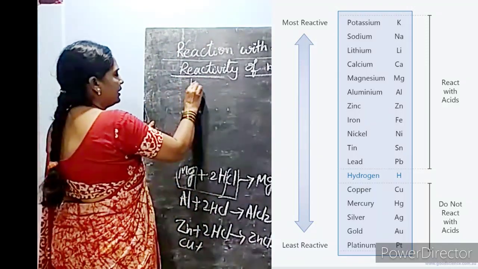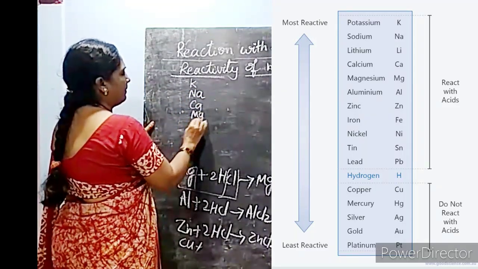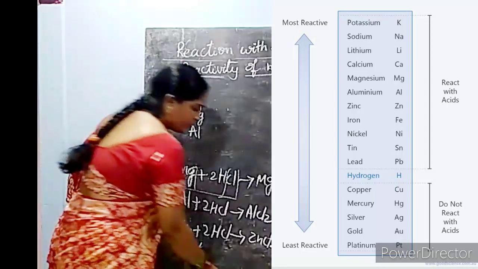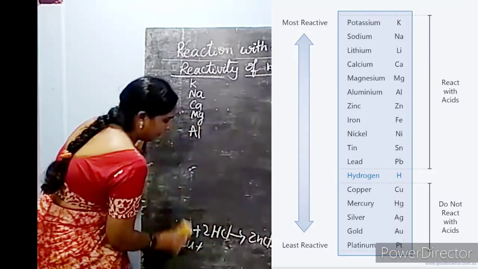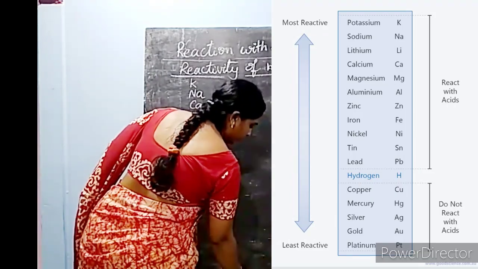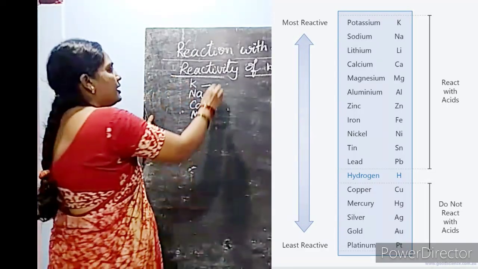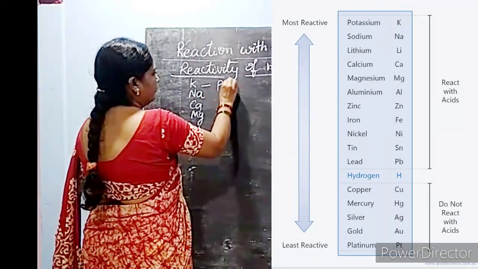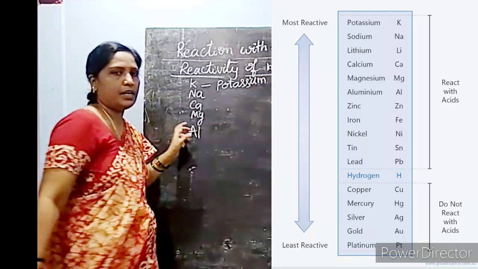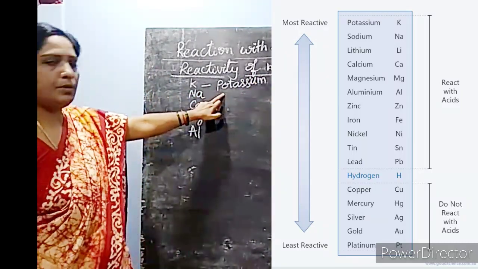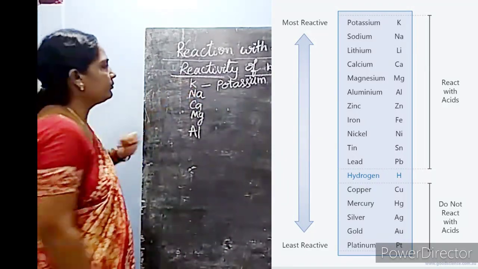K, you all know, the symbol of K is potassium. The Latin name for potassium is kalium. That's why the symbol is K.